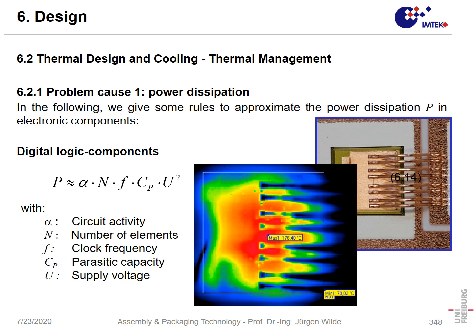But now let's go away from power electronics. Let's go to digital logic components. There is in literature a formula which gives an estimate of the power dissipation in logic devices, like in an ASIC or in a microcontroller. And that says the power is proportional to the number of elements we have in that device, for instance, the several hundred millions of transistors in a processor.